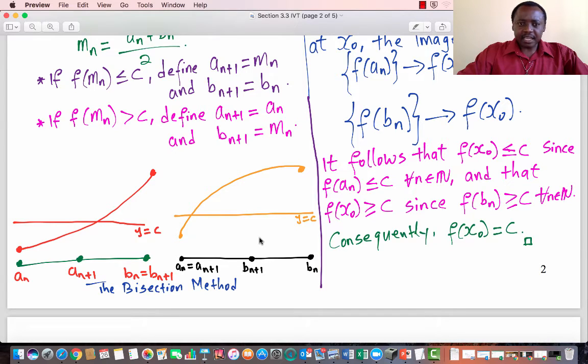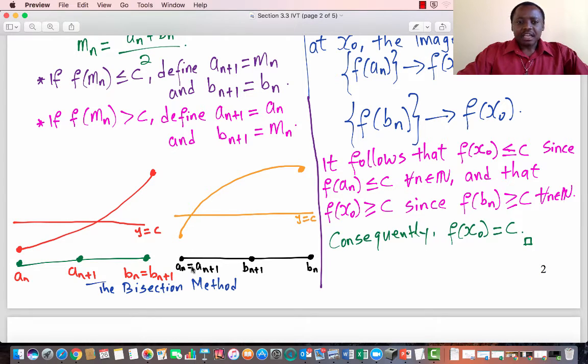And in the second case, if f of the midpoint is strictly greater than c, then we define an plus 1 to be an and bn plus 1 to be the midpoint mn, in which case you can still see that there is going to be some x0 here such that f of x0 would be c.